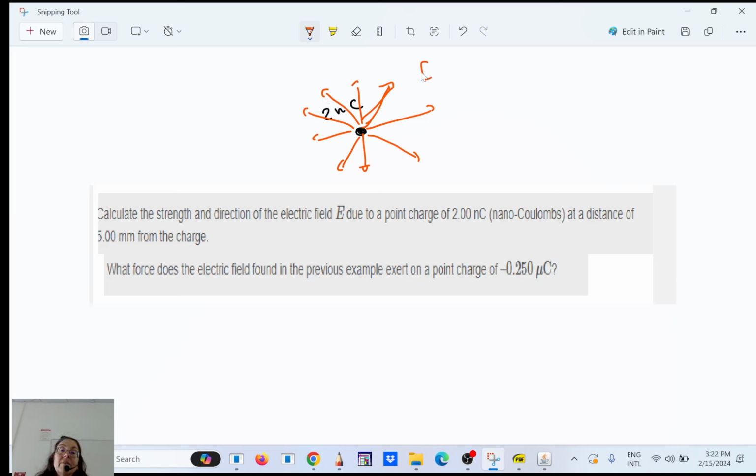So that will be the electric field, and you are looking at a distance r. Here at a distance r equals 5 millimeter, you want to know the electric field.